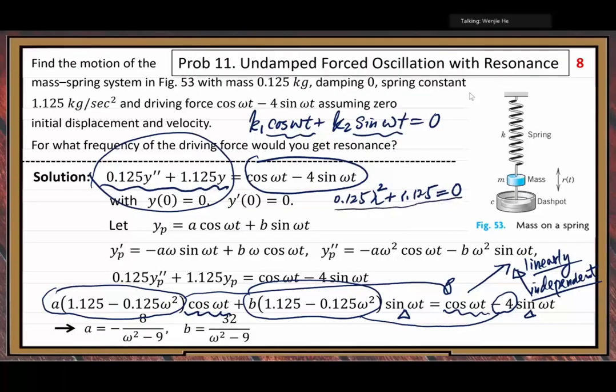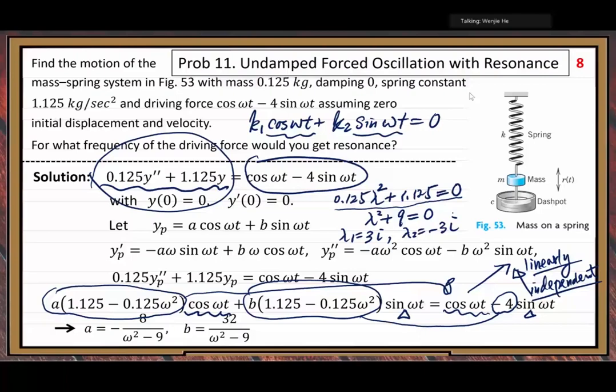Let's simplify it by multiplying by 8. So lambda squared plus 9 equals 0. Then lambda 1 equals 3i, and lambda 2 equals negative 3i.